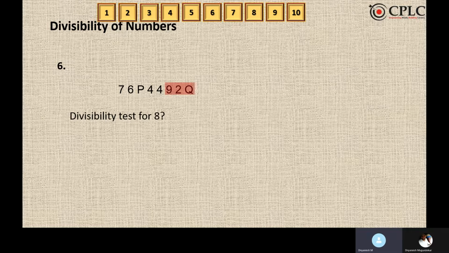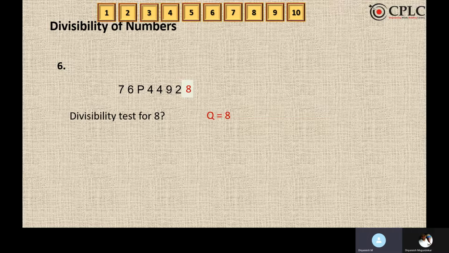And when you observe the number, the last three digits are 92Q. So 92Q has to be divisible by 8. For that, Q will take values either 0 or 8, 920 or 928. But the original question said that P and Q both are supposed to be greater than 0. So Q cannot be 0, Q has to be 8.